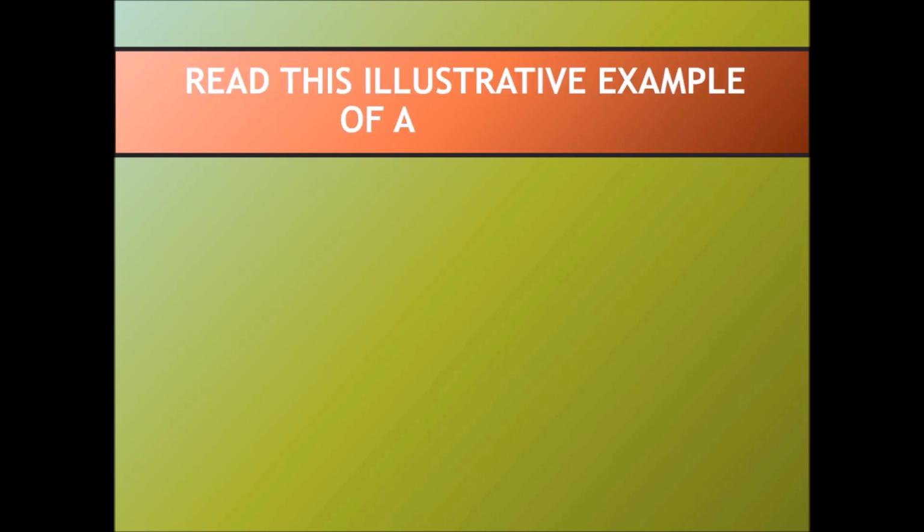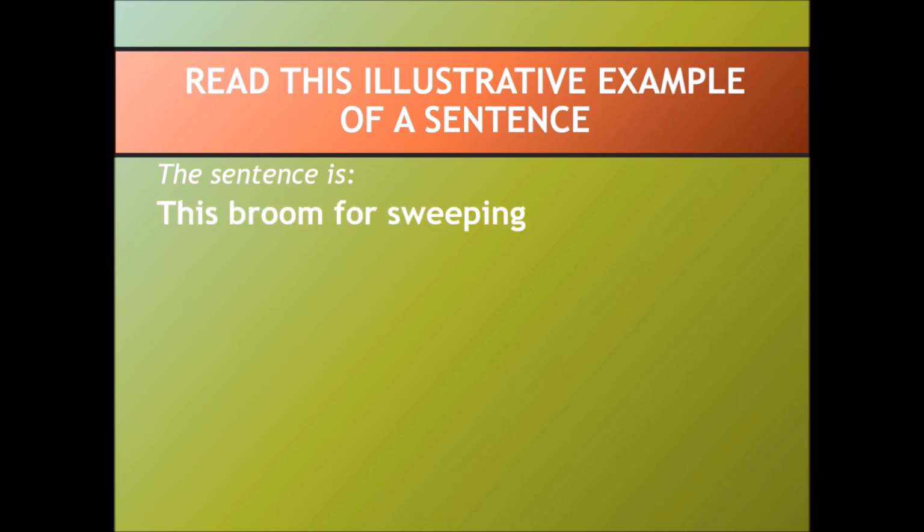Now, after studying the major and function words all together, let's have this one. Read this illustrative example of a sentence. The sentence is, this broom for sweeping the floor belongs to me. This is a function word.